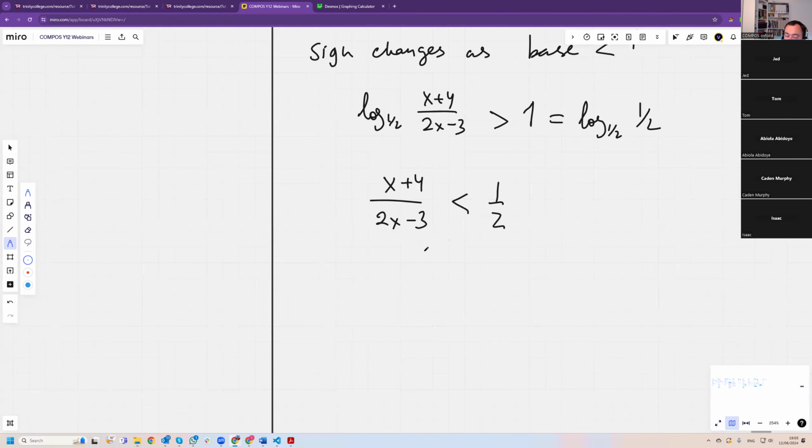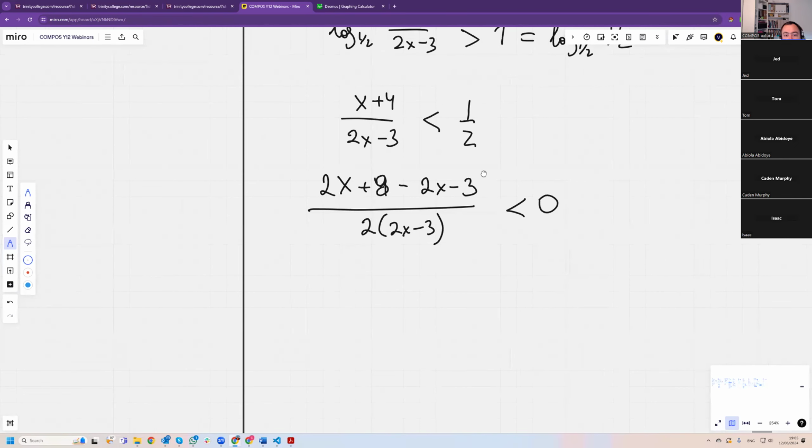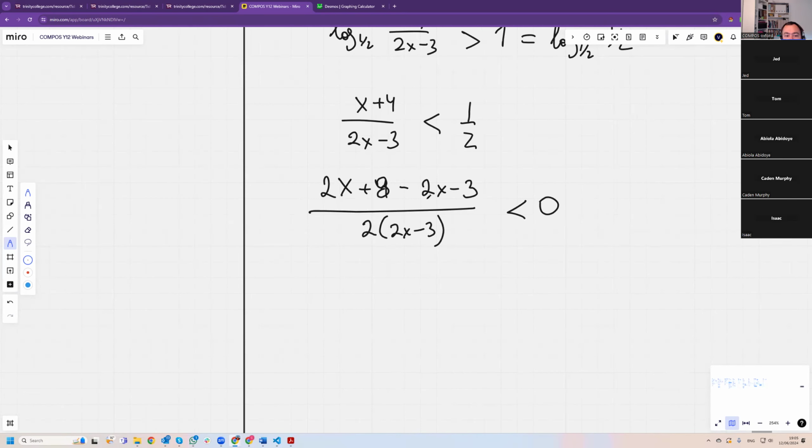And then you can solve this using the interval method. So this is x plus 4 minus (2x minus 3), over 2, and 2x minus 3 less than 0. Multiply it by 2x minus 3.